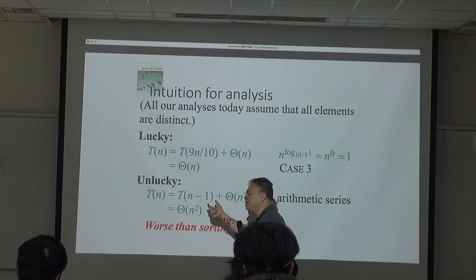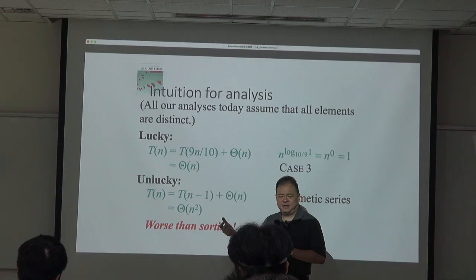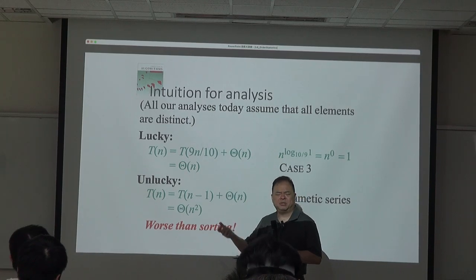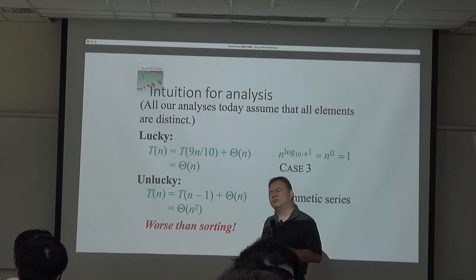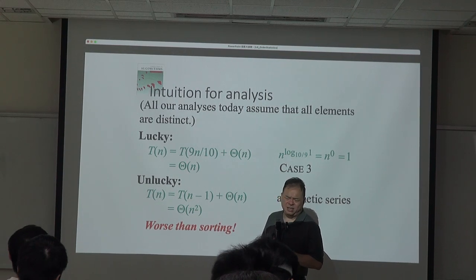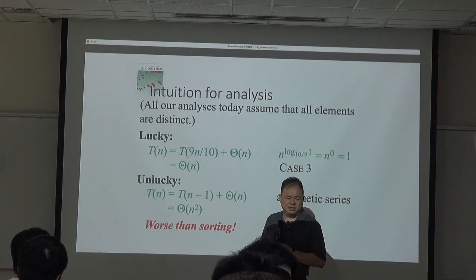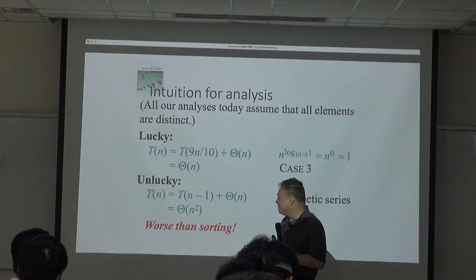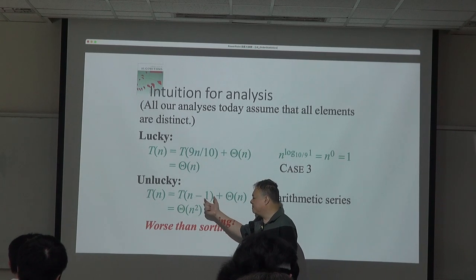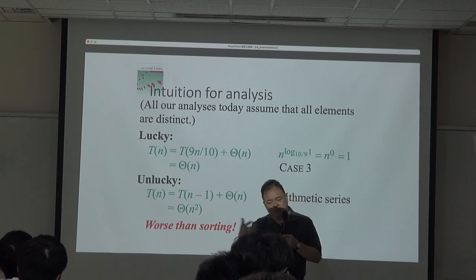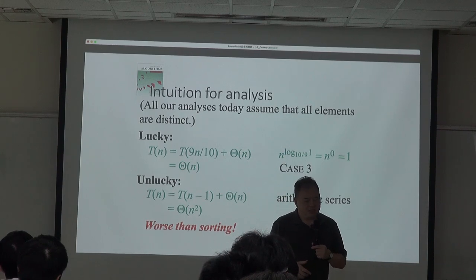In other words, the pivot you are getting is either the largest number or the smallest number. Is it possible? Not likely, but there's a small chance this may happen.